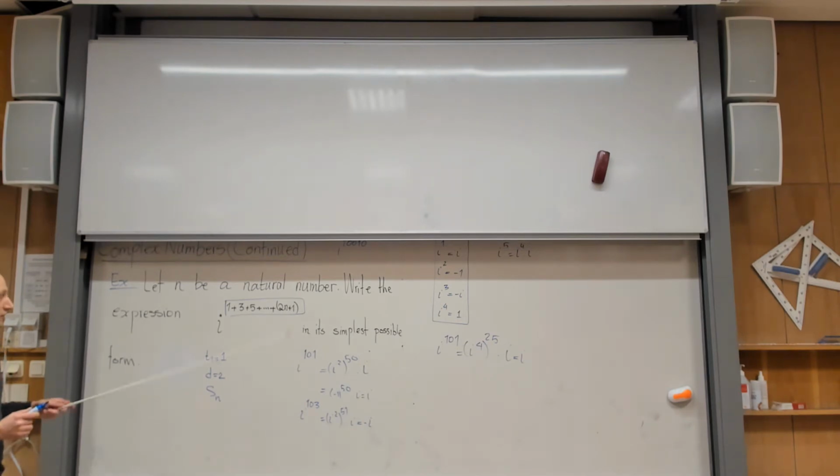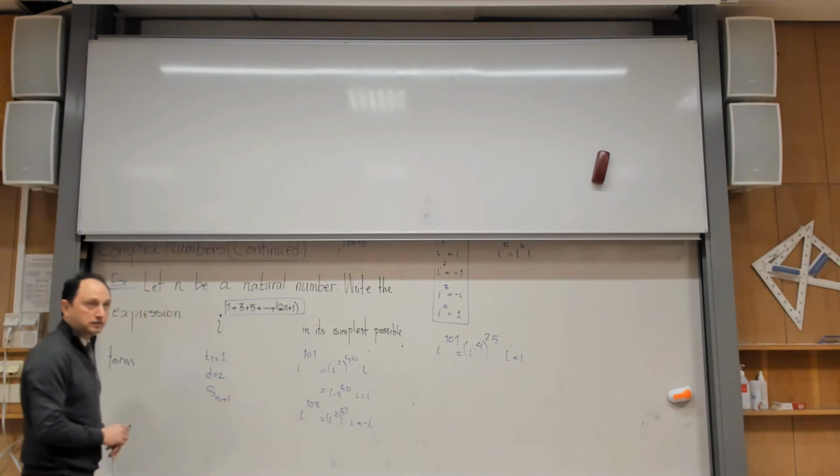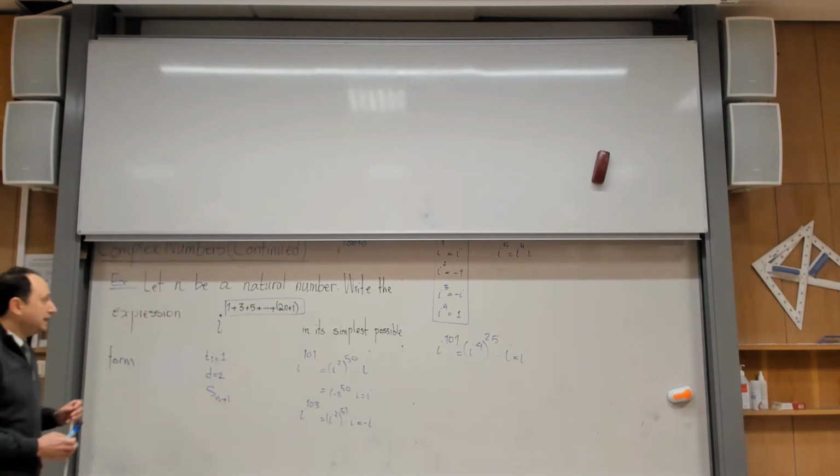My question, are there n terms or more in this sum? n plus 1 terms. So this is not Sn, this is S(n+1), because there are n plus 1 terms.